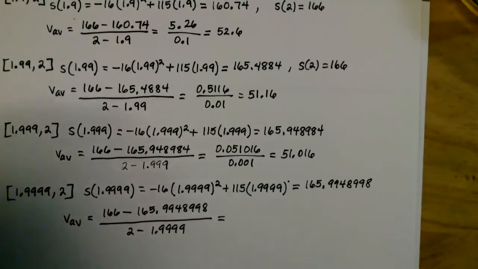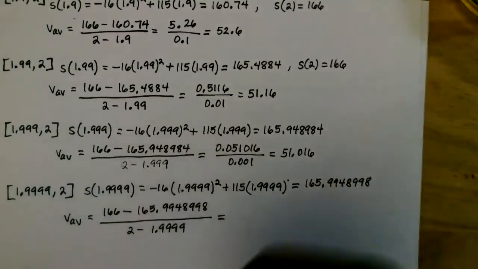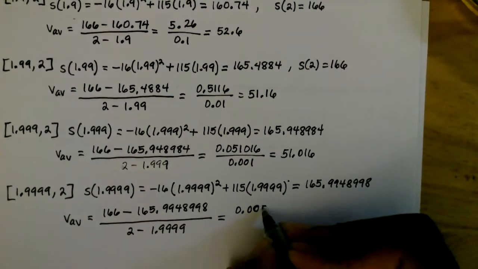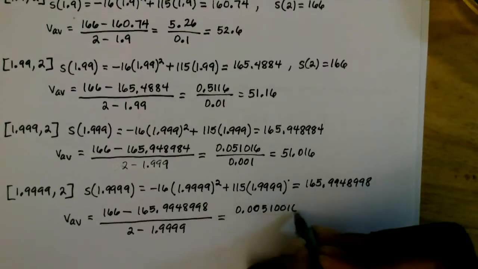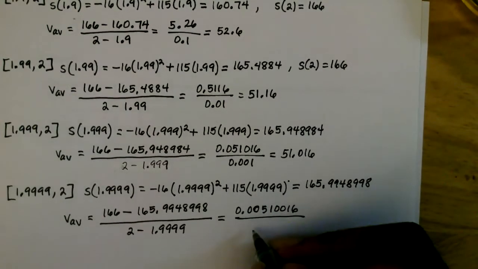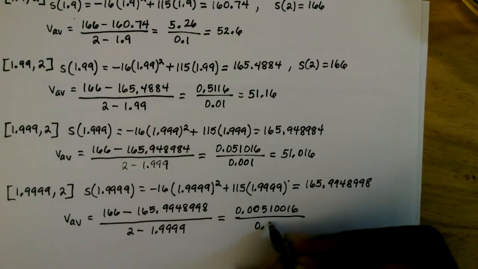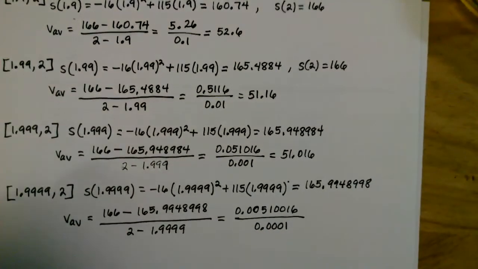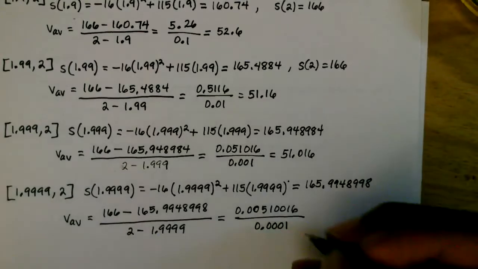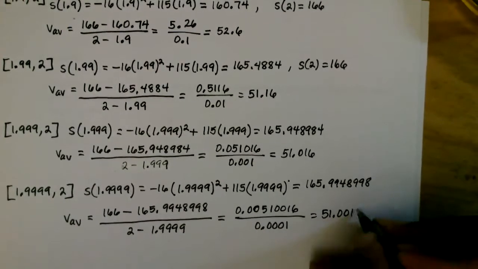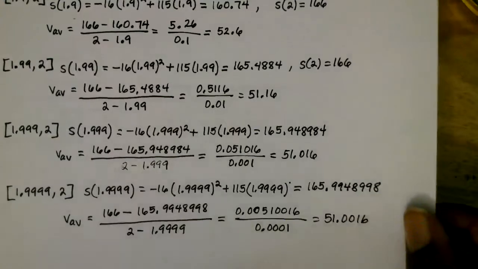If we subtract our numerator, that would be 0.00510016 divided by 2 minus 1.9999, which would be 0.0001. And you'll end up with 51.0016. Okay.